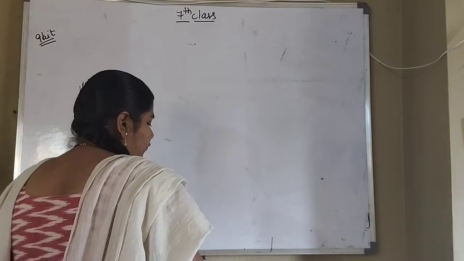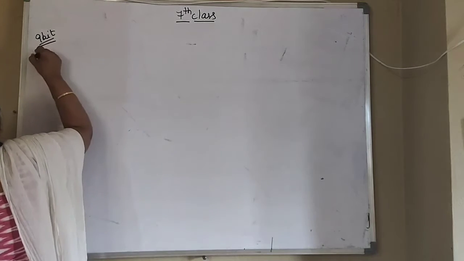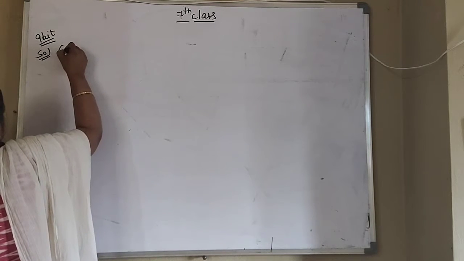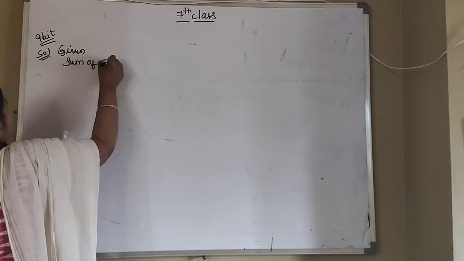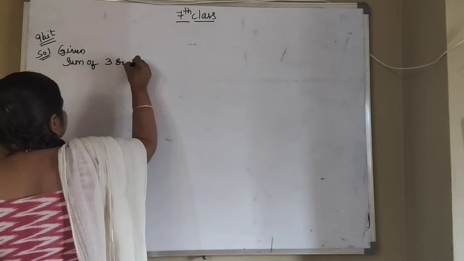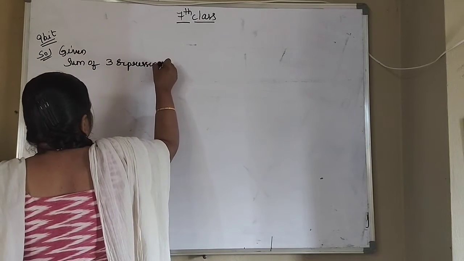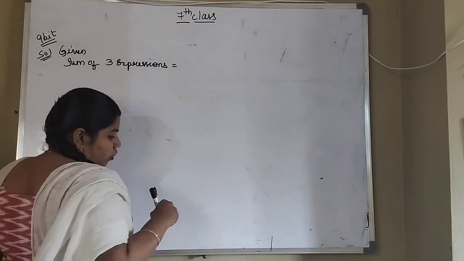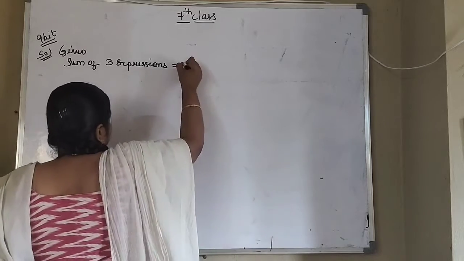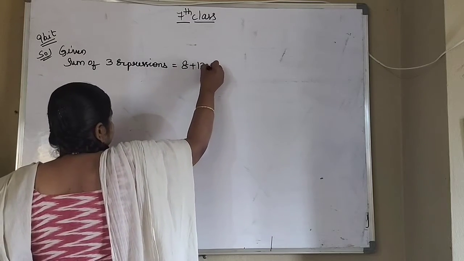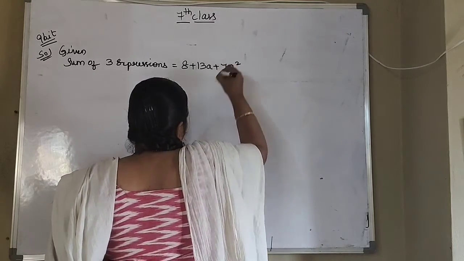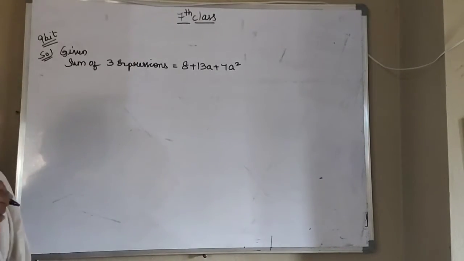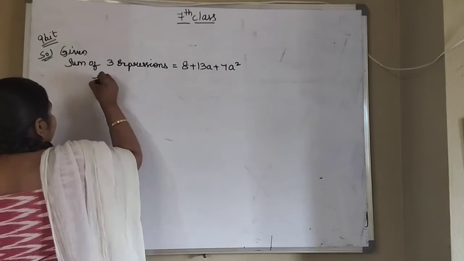So here what we will write first? They have given that the sum of 3 expressions is equal to 8 plus 13a plus 7a square. In those 3 expressions, only 2 they have given.